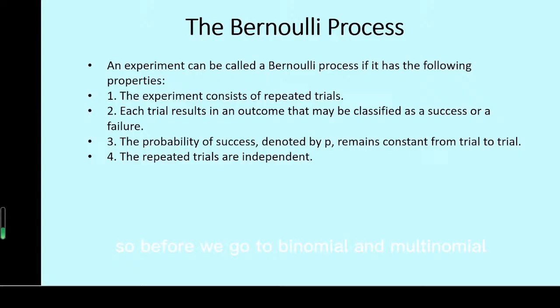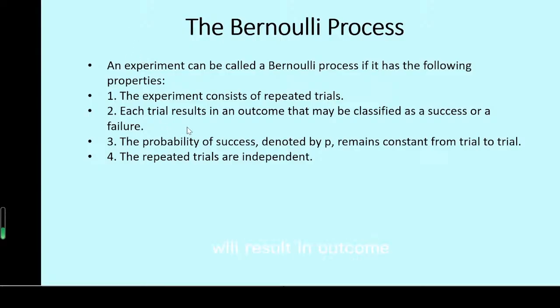Before we go to binomial and multinomial distribution, we first talk about the Bernoulli process. An experiment can be called a Bernoulli process if it has the following properties. The experiment consists of repeated trials, and the repeated trials are independent, which means each trial has no effect on the result of other trials in the series.